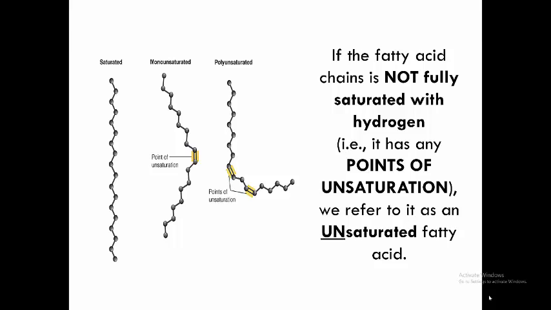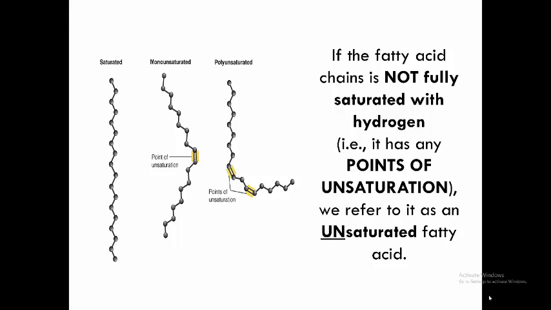It is less saturated. So if there are points missing hydrogen, we call them points of unsaturation. And if any points of unsaturation exist, we term that chain to be an unsaturated fatty acid chain.